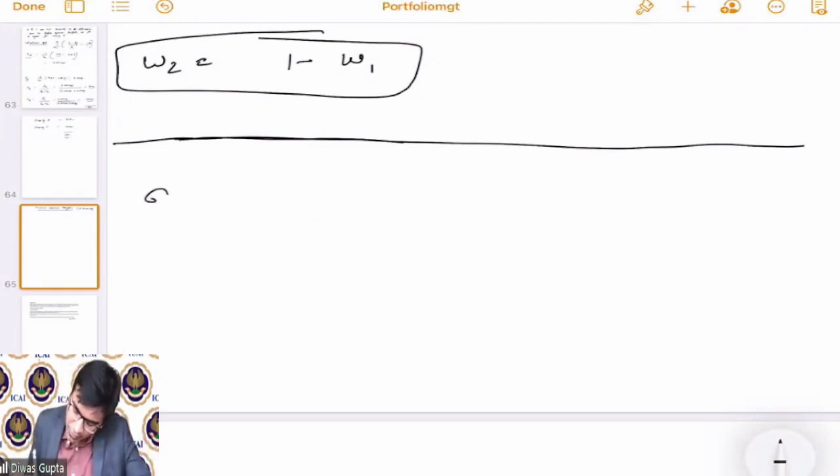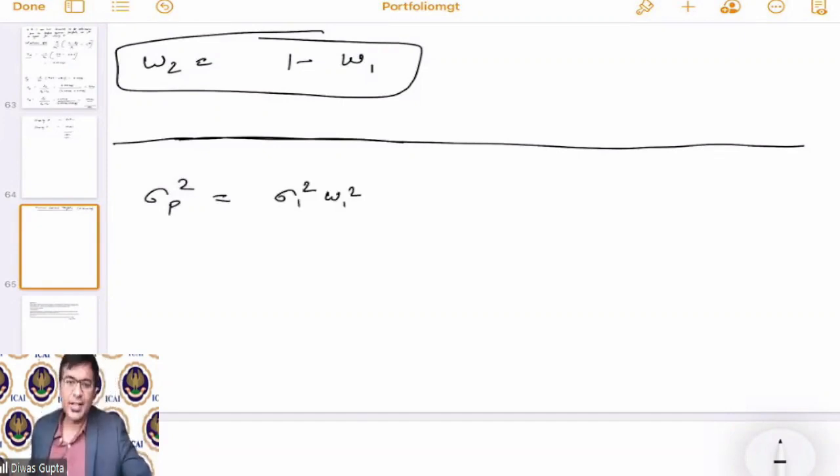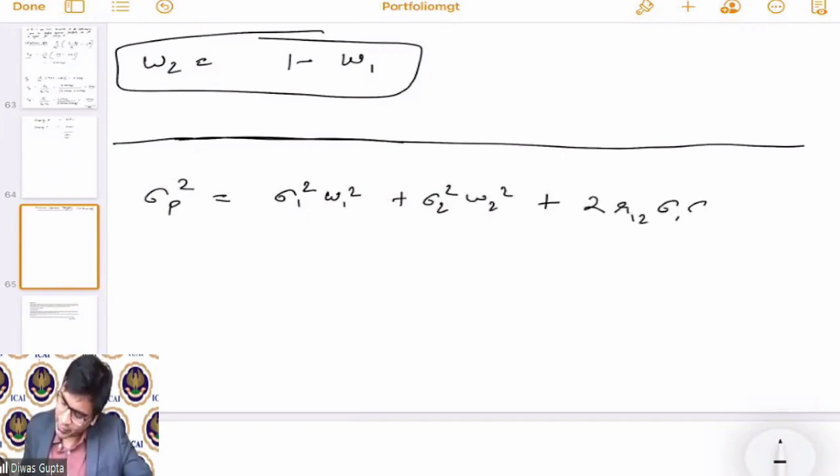The risk of the portfolio, which is the variance as of now, is standard deviation of 1 square, weight 1 square, plus standard deviation of the second security square, which is the variance of the second security, weight 2 square, plus 2 R12, standard deviation 1, standard deviation 2, W1, W2. This is what we have already studied.